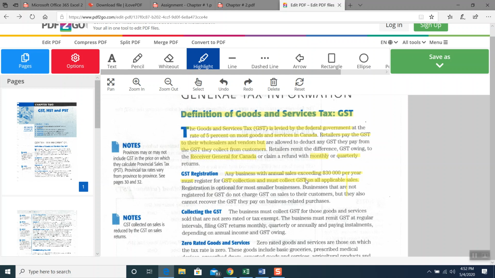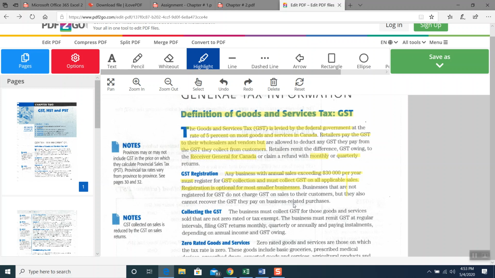Next one, registration is optional for most smaller businesses. Karan asks me, sir, what do you mean by optional? Registration is absolutely optional for smaller businesses. And what is a smaller business?